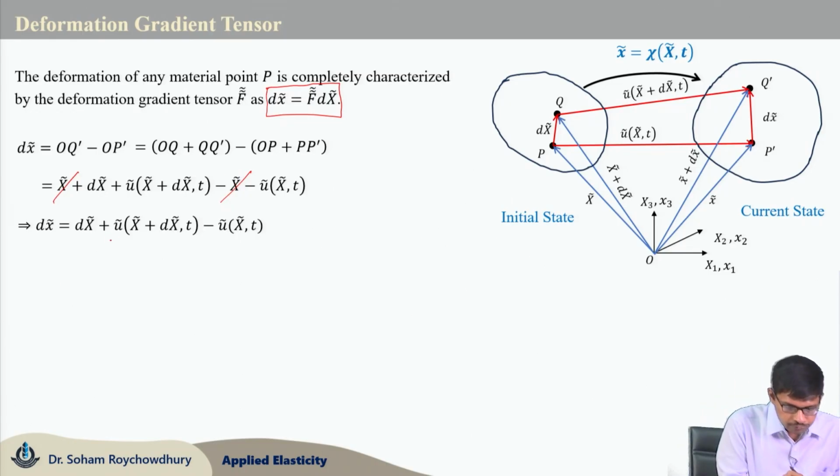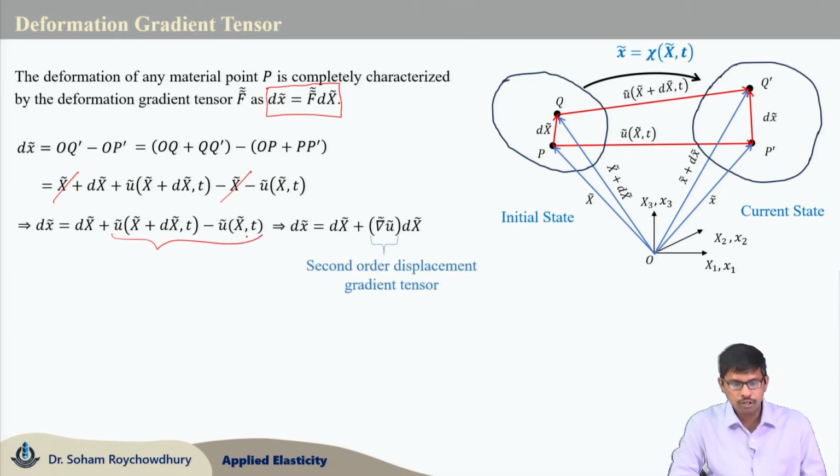Now, if you try to recall the definition of the second order displacement gradient tensor, the gradient of any vector u can be defined as grad u, which is a second order tensor acting over this dx, equals u of x plus dx comma t minus u of x comma t.